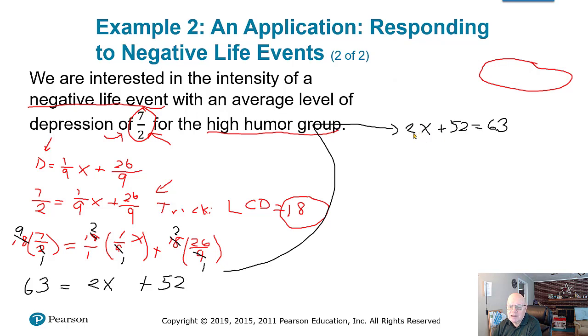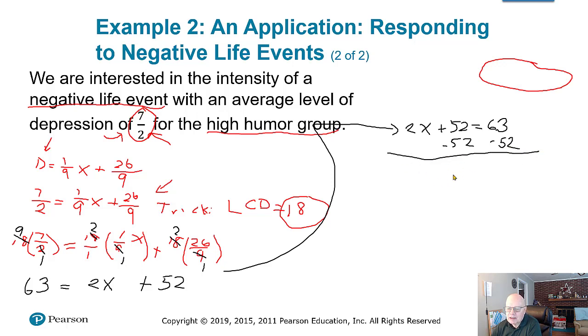All right, next. I've got all the x's on the left side. That's good, but I've got a number next to the x. So I need to subtract 52 from both sides. That way it'll still be equal. I'll still have an equivalent equation. Still talking about the same solution x.